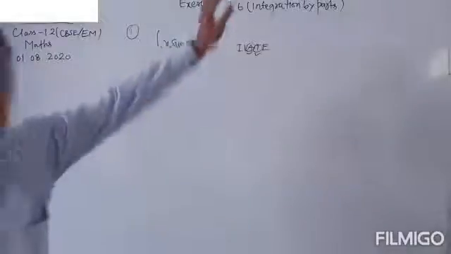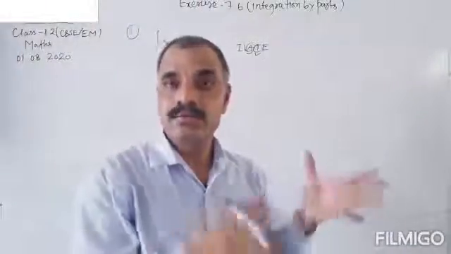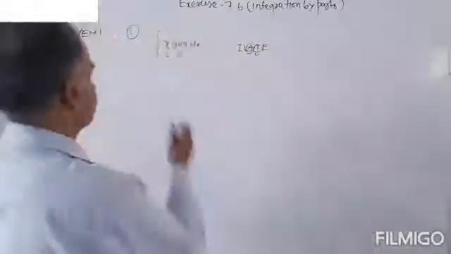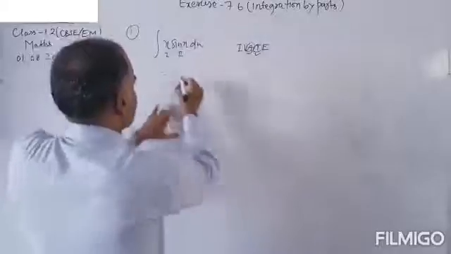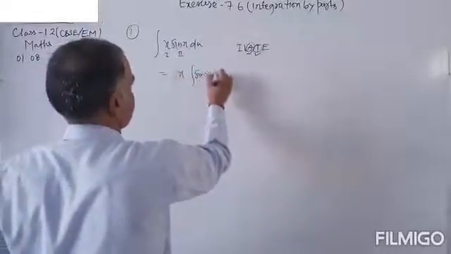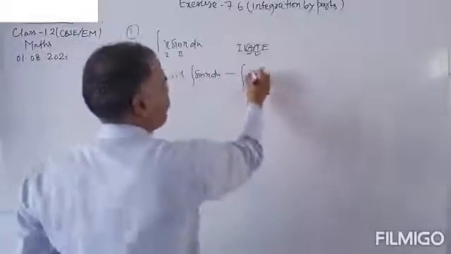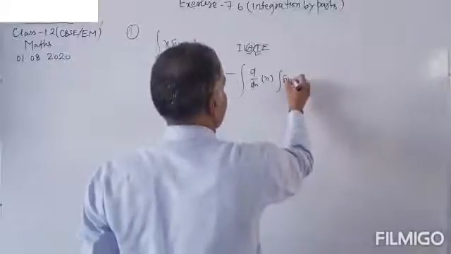Now applying the integration by parts formula. This integration is equal to the first function, that is x, times the integration of the second function, that is the integration of sin x dx, minus the integration of the differentiation of the first function times the integration of the second function.